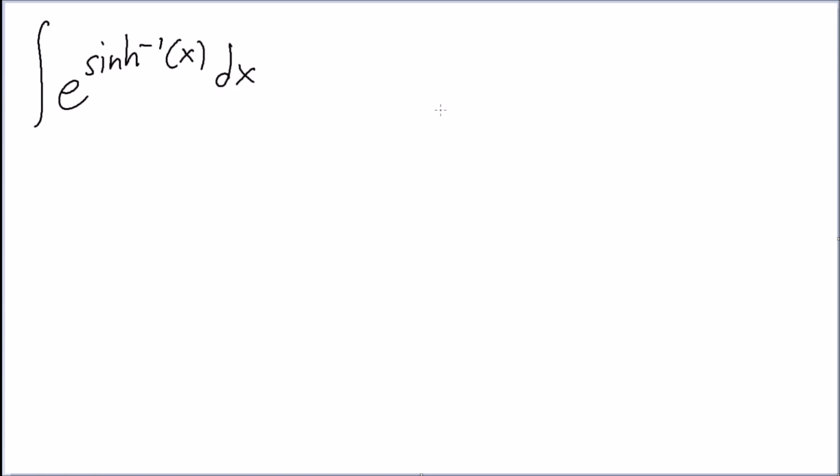How are we going to solve this integral? There's two ways. The one way that I would do it is probably advanced, but there's an identity, and that's inverse sinh. This is equal to the ln of x plus square root of x squared plus 1.